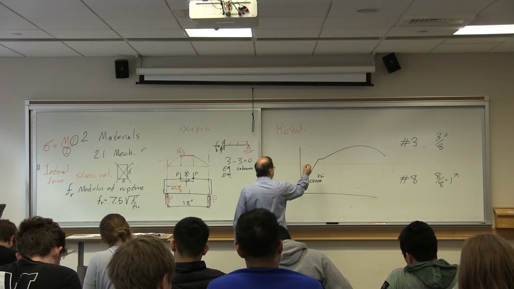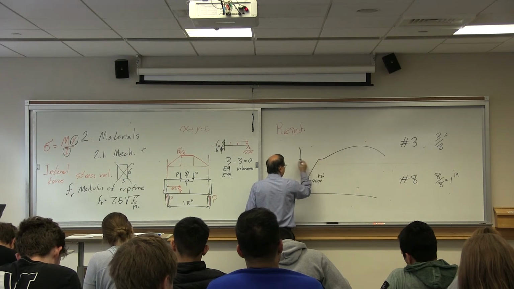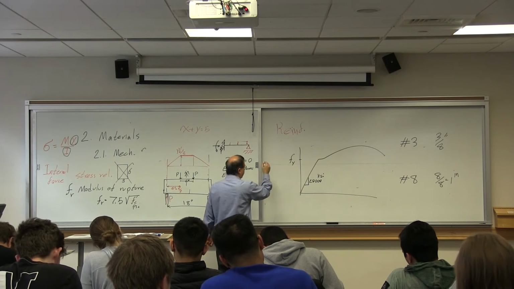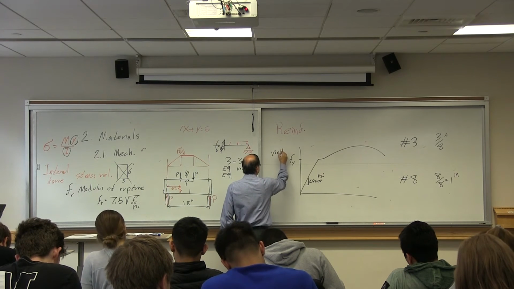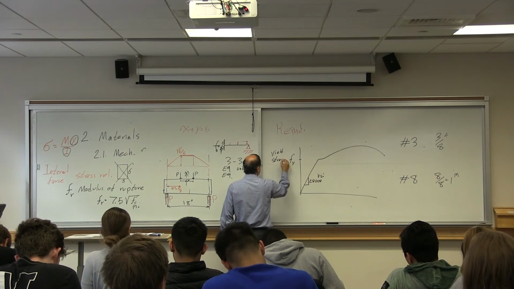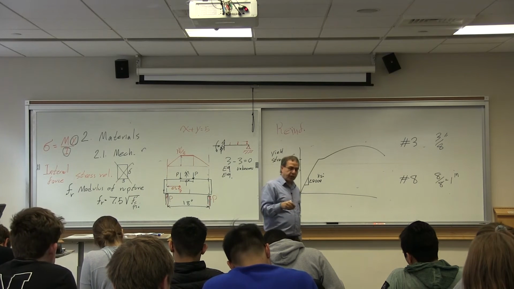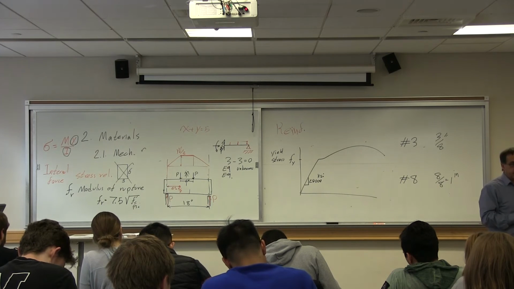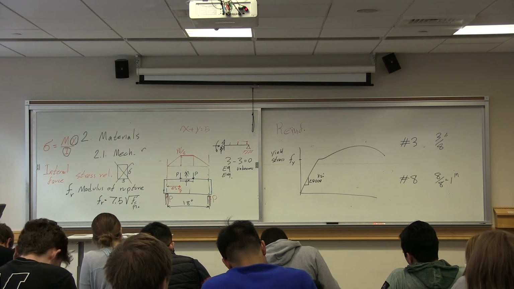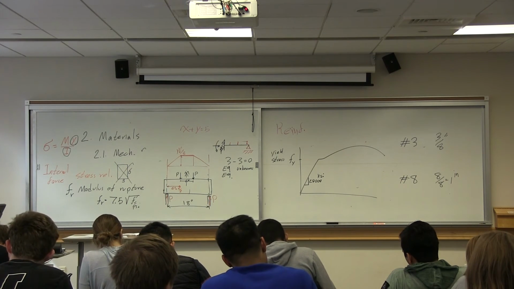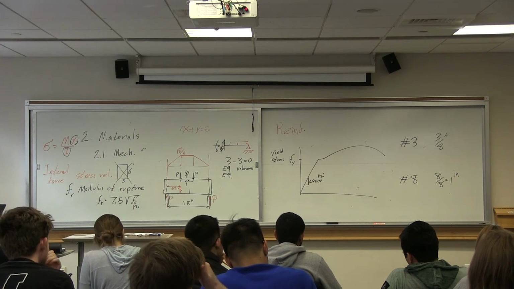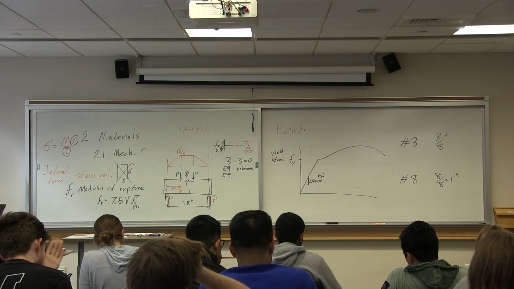The point at which yielding occurs is called yield stress, F of y. The yield stress is also known as the bar's grade. If the yield stress is 60 ksi, which is more often used, we say this is bar grade 60.